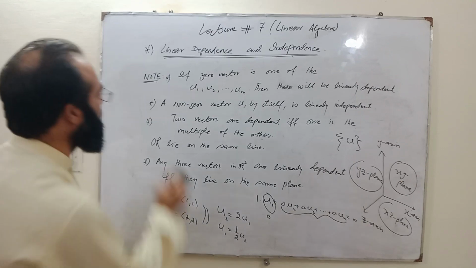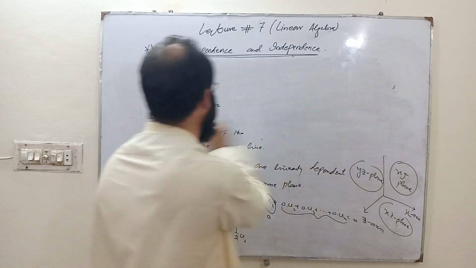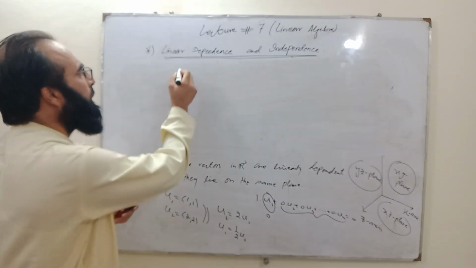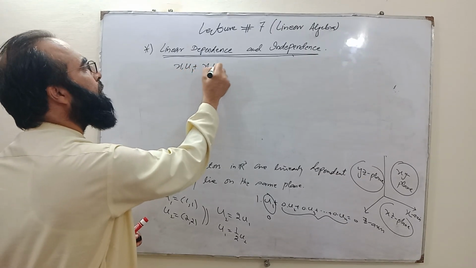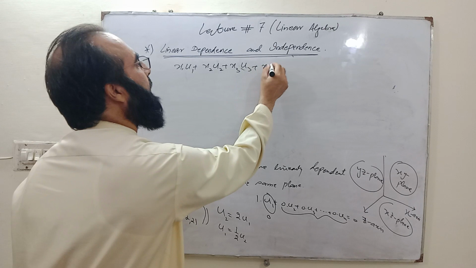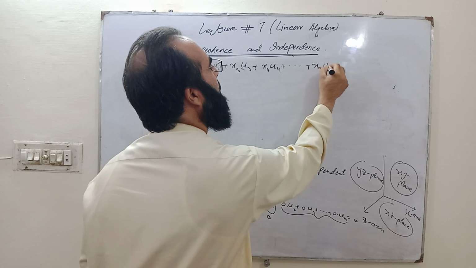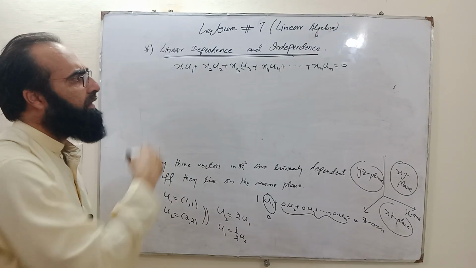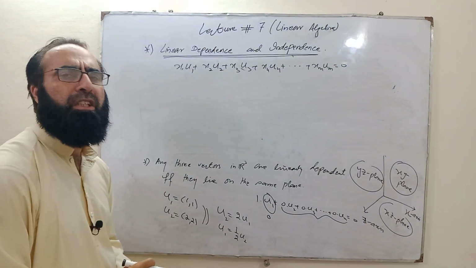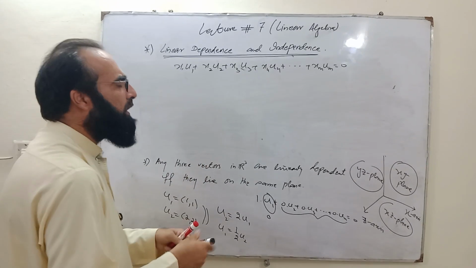Also, from the linear combination of vectors we have x1 u1 plus x2 u2 plus x3 u3 plus x4 u4 up to xm um is equal to 0. Say these vectors u1, u2, u3, u4 up to um are not linearly independent. Say these are dependent, and say u3 is our dependent vector.